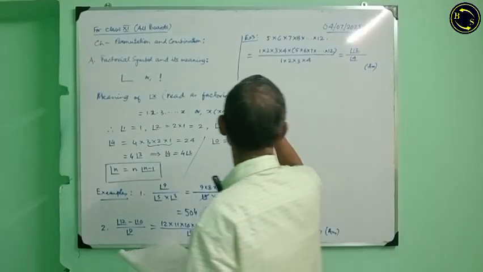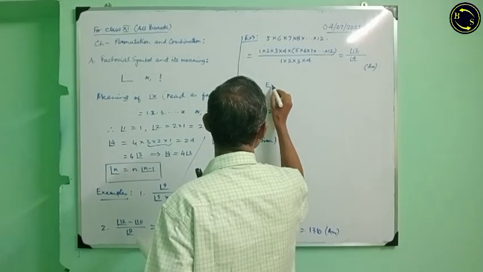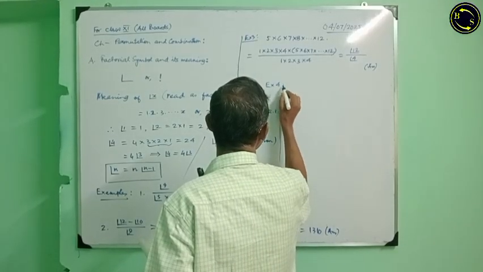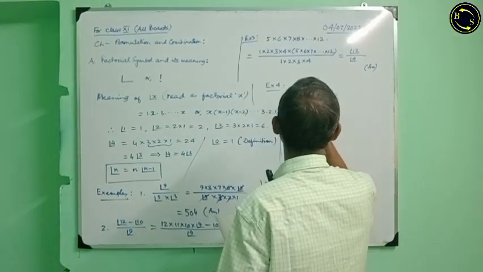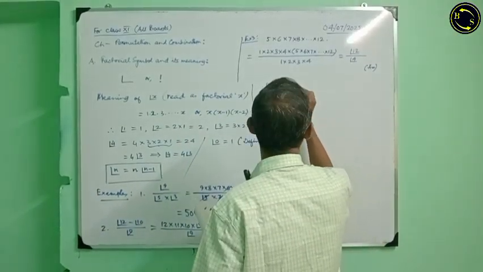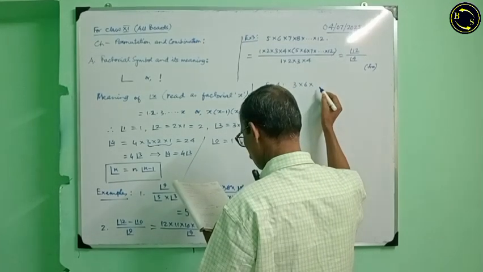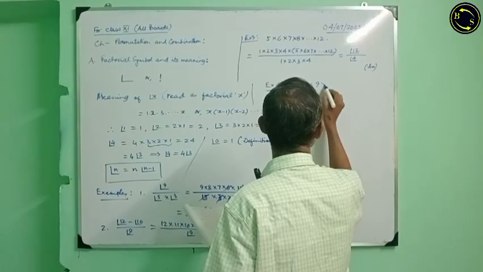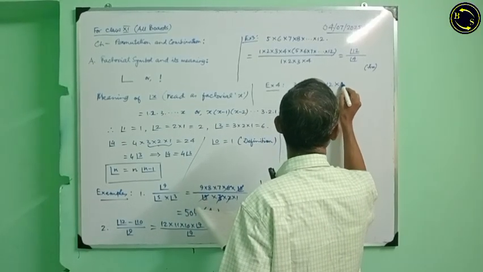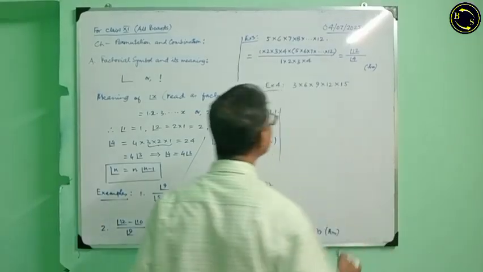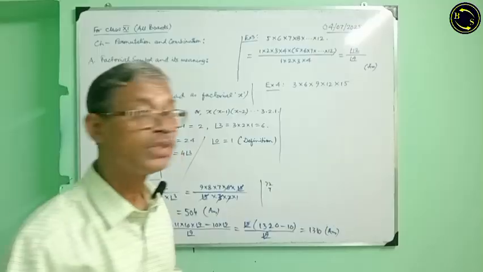Next, example 4. Product of 3 into 6 into 9 into 12 into 15. We have to express this result using factorial.